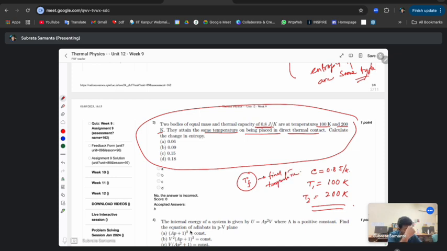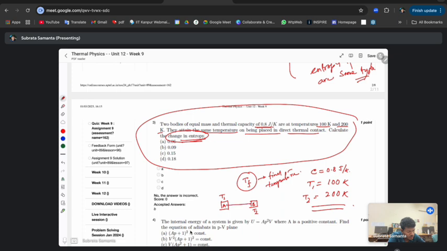Okay, and calculate the change in entropy. So how to calculate the change in entropy? Two bodies initially have different temperatures, right? So let's say this is body A with temperature T1, and this is body B with temperature T2.